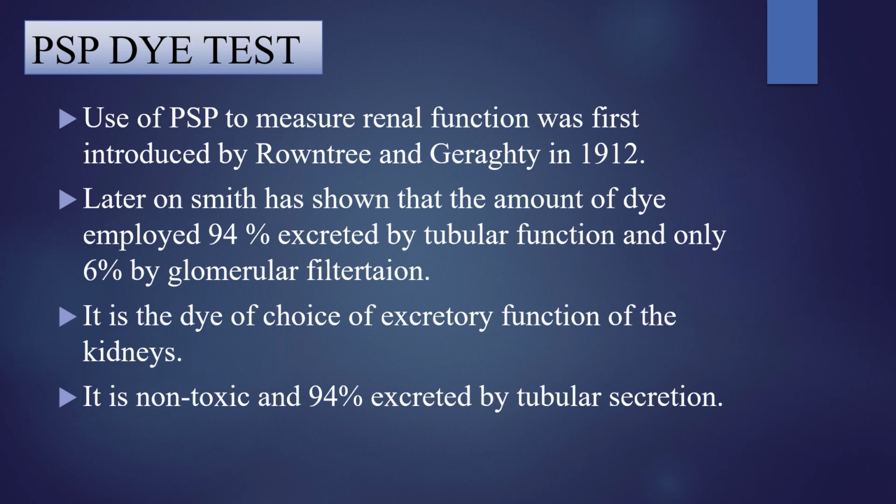That is, of the 100% of dye, nearly 94% should be excreted by the tubular function of the kidney, and the remaining 6% by glomerular filtration. It is the dye of choice to determine the excretory function of the kidney. It is non-toxic, and 94 percent of the PSP dye is excreted by tubular secretion.